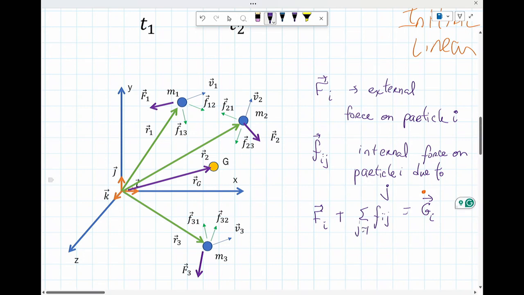So it looks like this: all of the external forces acting on particle i, plus all of the internal forces acting on particle i, for example, if I'm looking at particle 1, F31 and F21, and that equals the time rate of change of momentum of particle i.